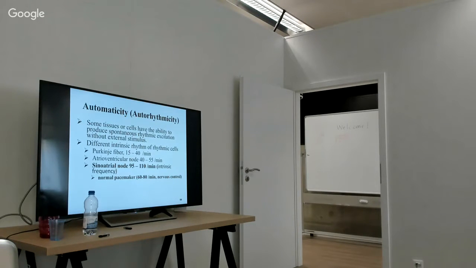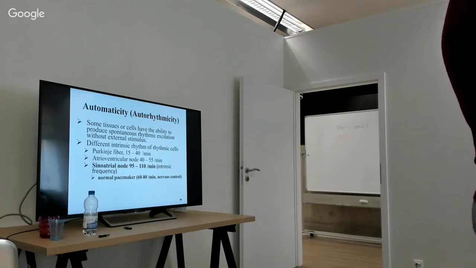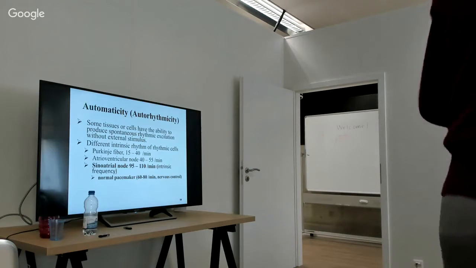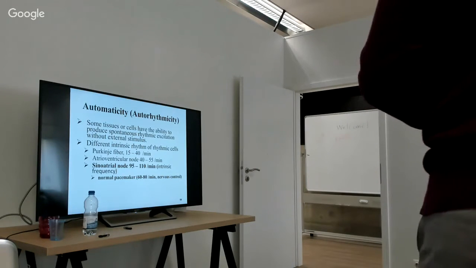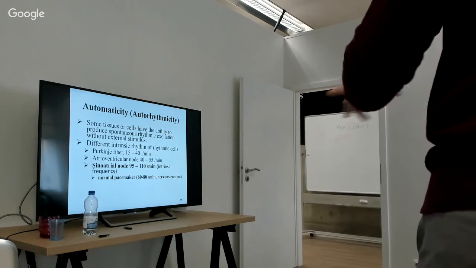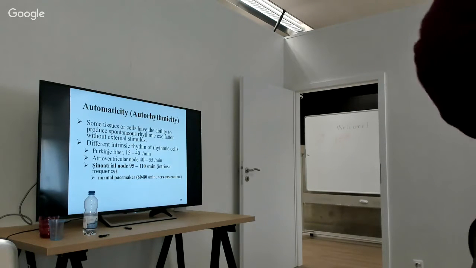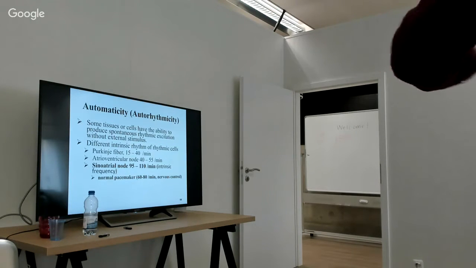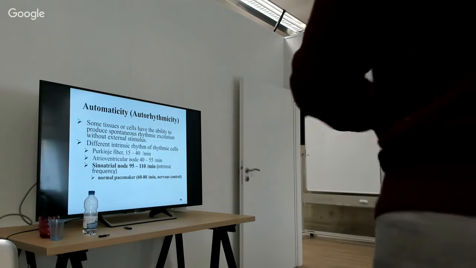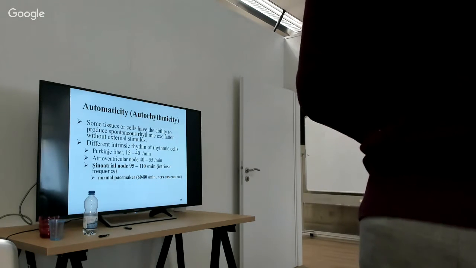But it takes longer to have the sympathetic activity than to remove the parasympathetic activity. So the normal pacemaker is 70 beats per minute because of nervous control.